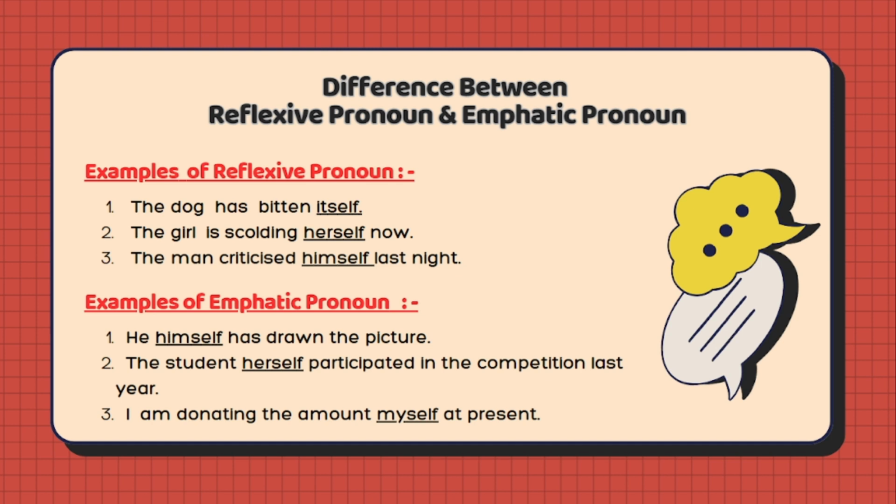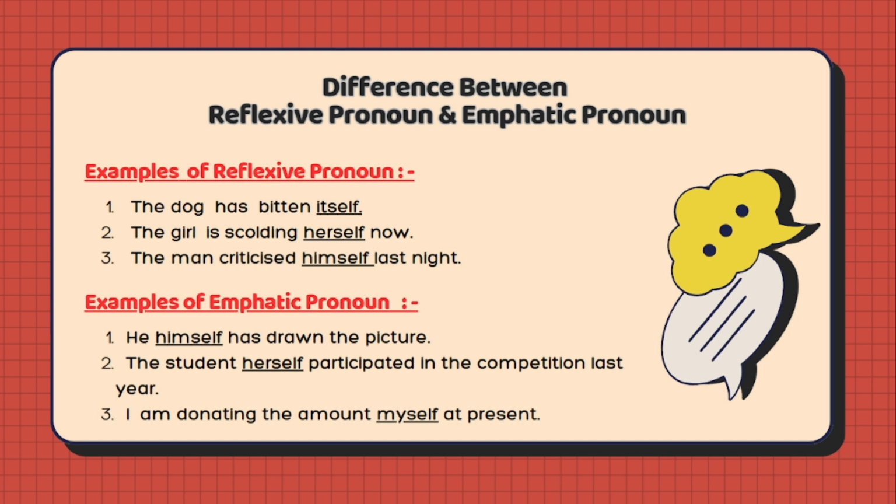Here the word itself makes the action of the verb bitten fall back upon the subject or the doer of the action, the dog. Here the second condition is also fulfilled. So based on these two things, itself is called a reflexive pronoun in this sentence.